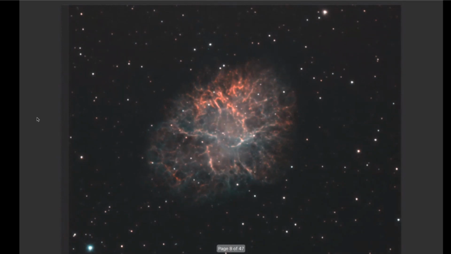Notice how the Crab Nebula is getting a little bigger. I was actually able to use these two pictures of the Crab Nebula, knowing exactly how many days apart they were, and assuming that this explosion that we're seeing from a supernova event is moving out at a linear pace from the explosion. I analyzed those two pictures and asked myself, how long ago did that explosion take place?